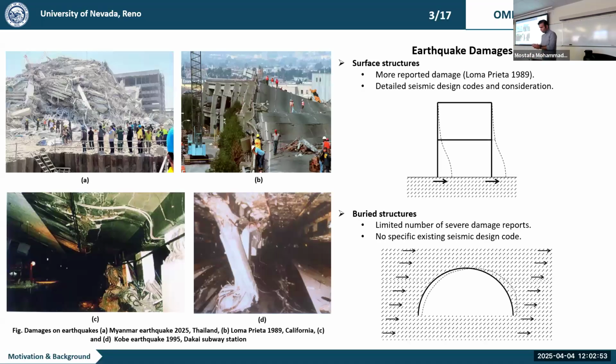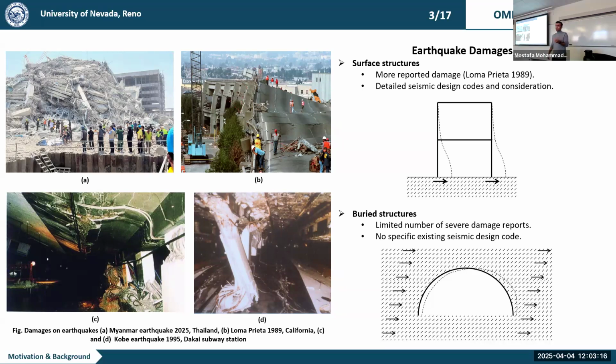Let's start. Whenever we talk about damages in earthquakes, we normally see structures on the surface with huge piles of damages and everything. But the structures which are buried under the soil are commonly kind of immune, and they do not get as damaged as the surface structures.